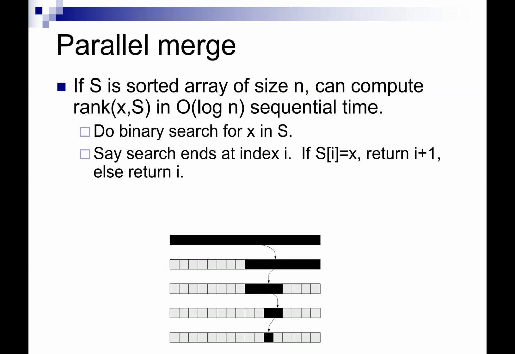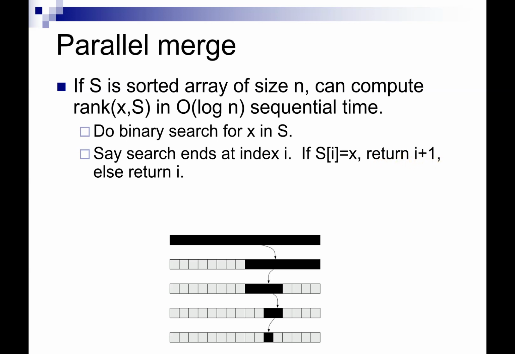And the method is just you do binary search for x in S. As you do binary search, you're going to isolate where x can occur in S, and the final position that you end up at, the index, is going to tell you the rank. So either at this index the value is equal to x, in that case the rank is going to be i plus 1.